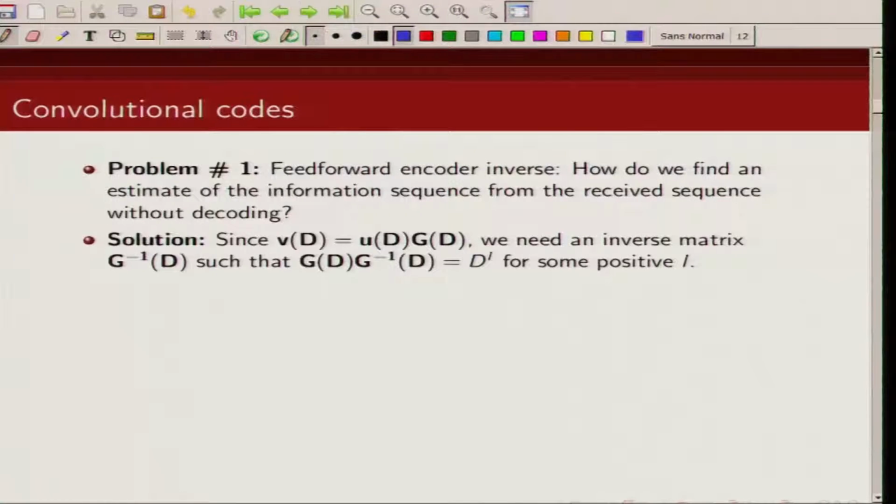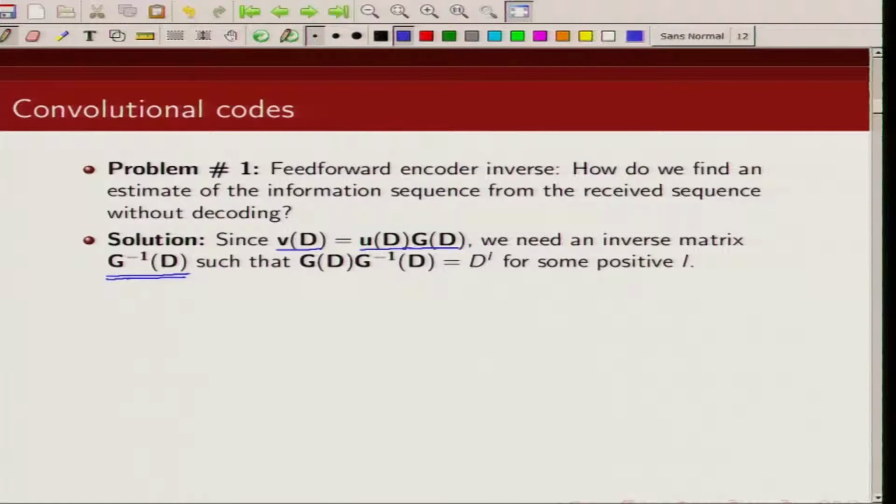As we know, our coded bits can be written as our information bits times the generator matrix, the encoding matrix. The problem we are looking at is finding the encoder inverse, and whether a feedforward inverse for this encoding matrix exists or not, and under what condition it exists.